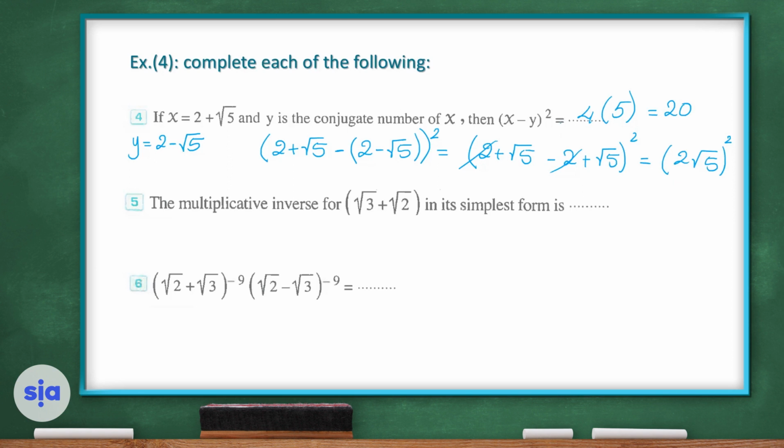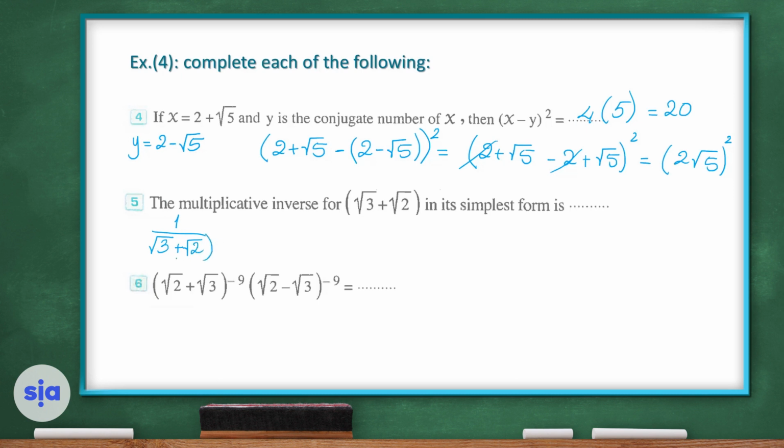Question 5. The multiplicative inverse for this one. The multiplicative inverse is the reciprocal. So it is the flipping. So the multiplicative inverse of this one is 1 over root 3 plus root 2.